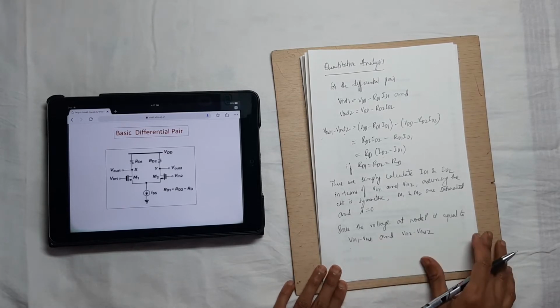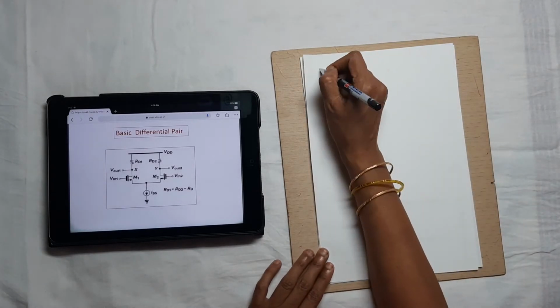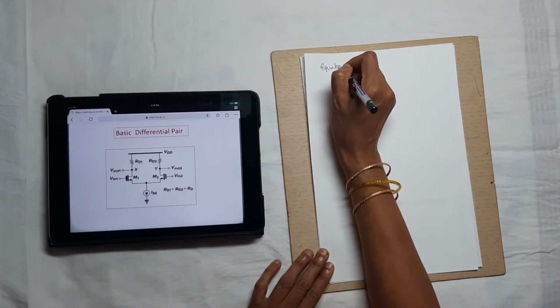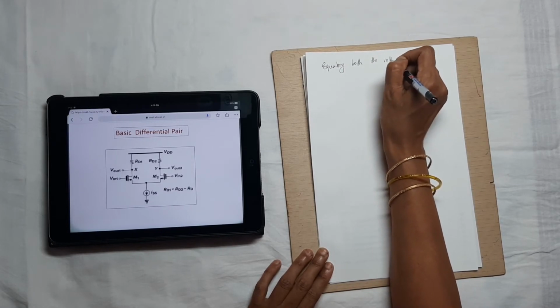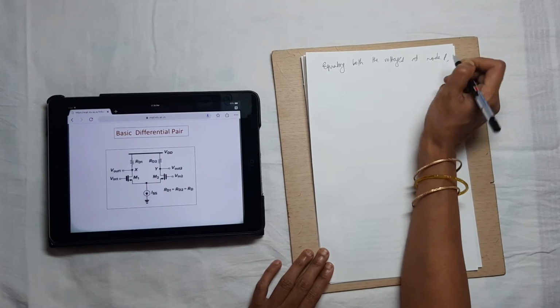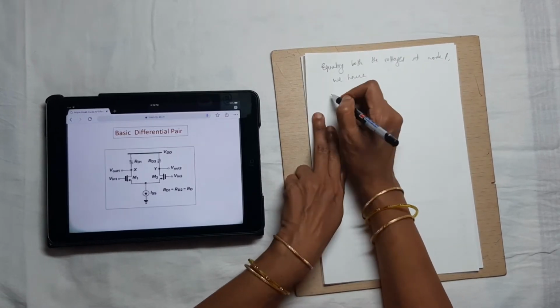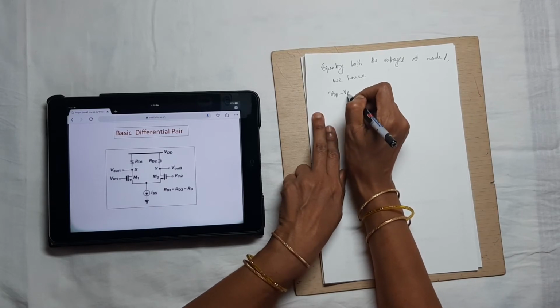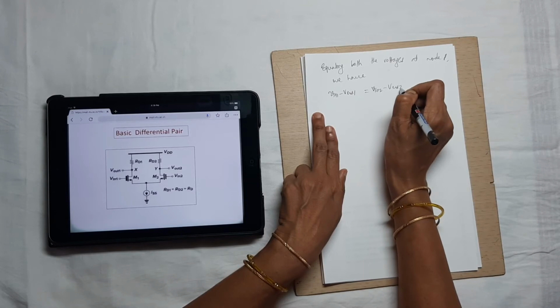Now we equate these two voltages, equating both the voltages at node P. We have V in 1 minus VGS1 is equal to V in 2 minus VGS2.